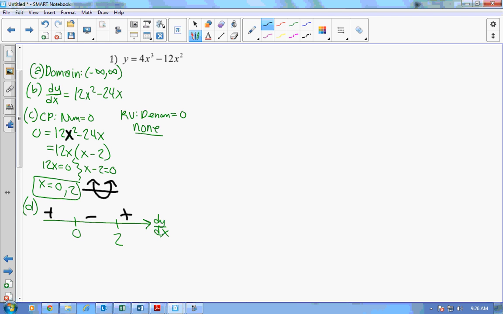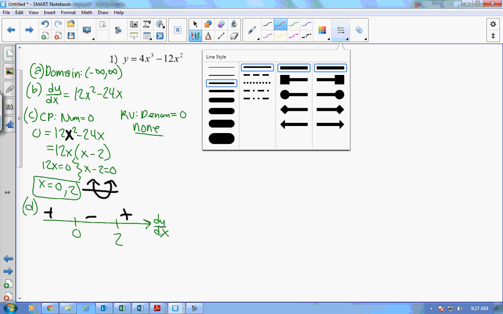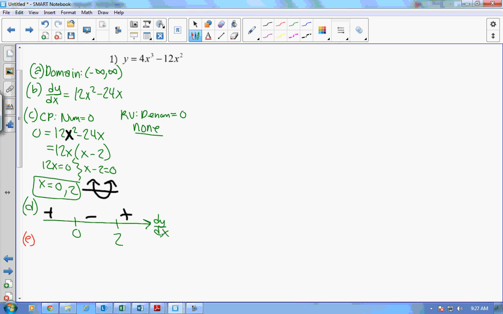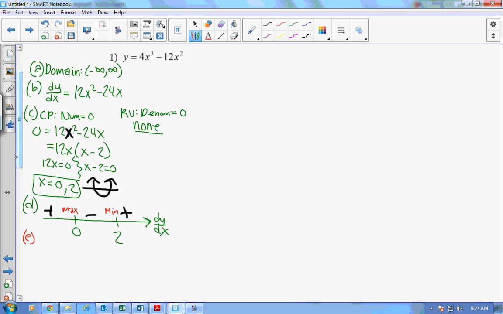So just from doing this is the first derivative test. What can we say off of the first derivative test? Okay, we're having a max and a min. We can also say intervals of increasing and decreasing. Okay. So if we were to say, where is it increasing? y is increasing.